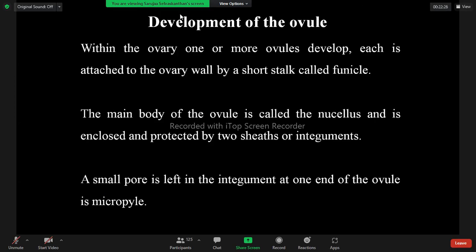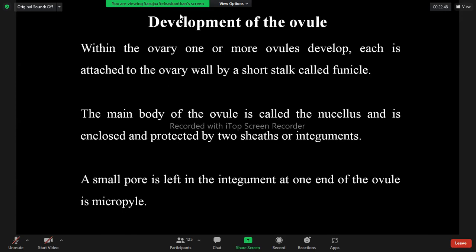Development of ovule also, I'm just going to skip it because this is the slide I have prepared for the last batch, but for your batch, actually, the curriculum has been revised, right? And the new chapters were added to you. Earlier, plant propagation was in the second year as a separate course.